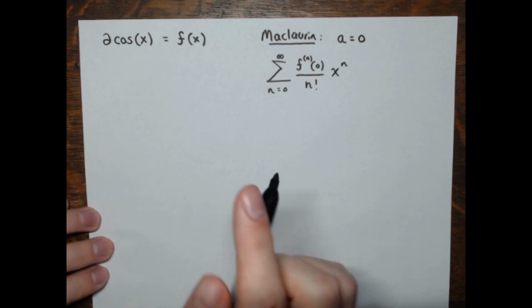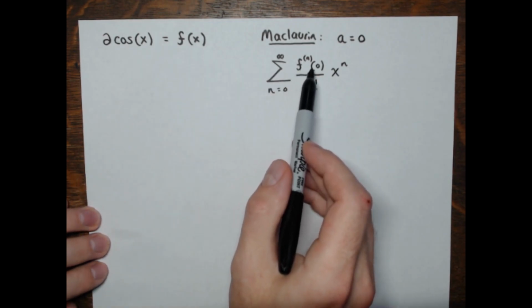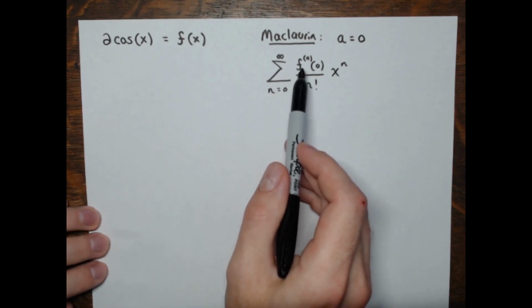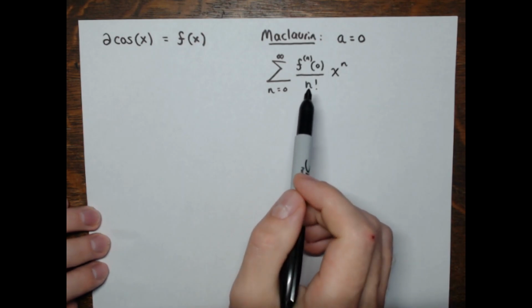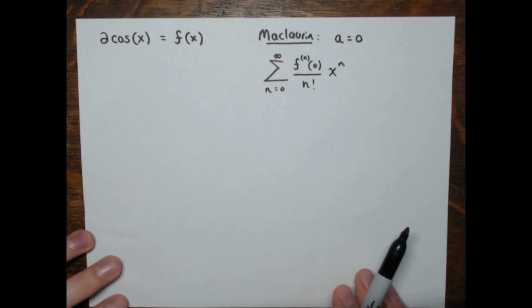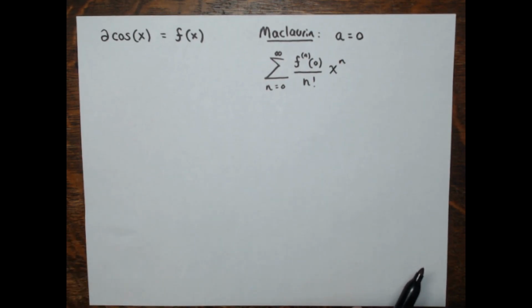So first, we have to try to determine a general rule here for these coefficients. It's a little more involved than the last video, where we just went out to a certain degree, a certain power of x, for a Taylor or Maclaurin polynomial.